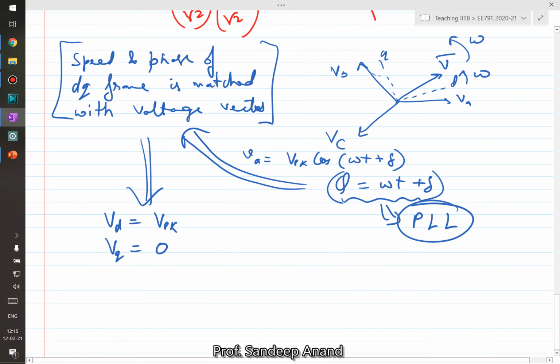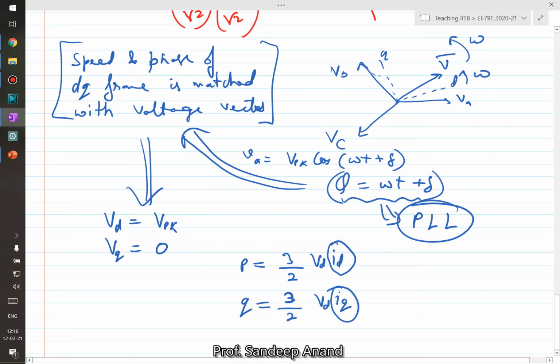Now why I wanted to bring that special case is, if you see the definition of the instantaneous power P, it reduces to 3/2 times Vd into Id, and the definition of reactive power Q reduces to 3/2 times Vd into Iq. That means this Id and Iq are proportional to the instantaneous active and reactive power, assuming Vd remains constant.